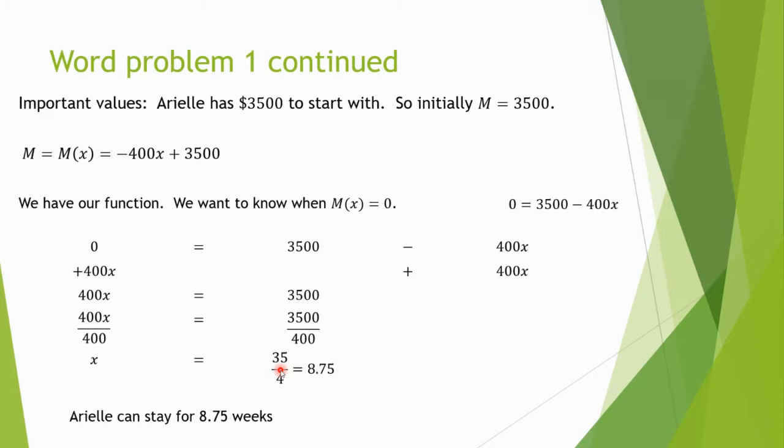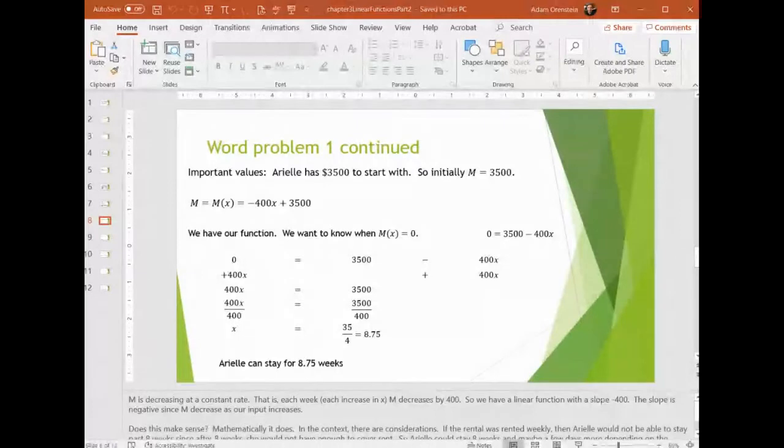For instance, we don't know how they charge, but if they charge by the week, then she's going to run out of money after the 8th week because she can't afford another week. But if they charge by the day, then she's okay. The book goes a little more into it than I do, just letting you know.